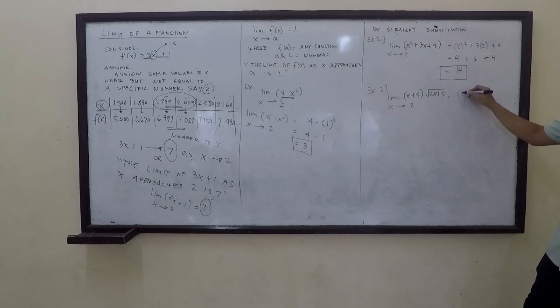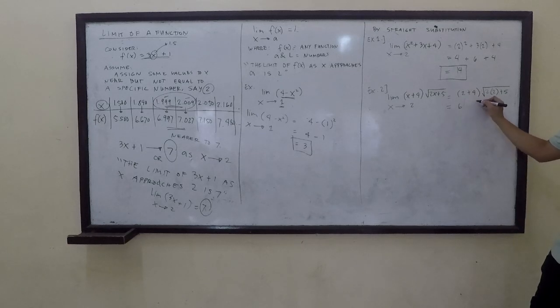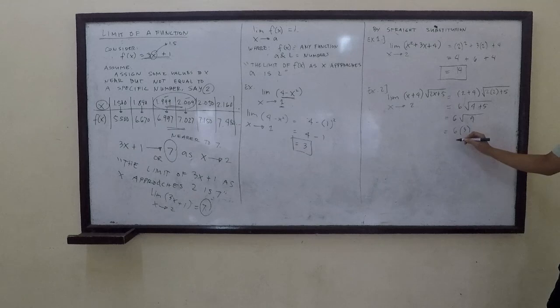So this is 2 plus 4, then times the square root of 2 times 2 plus 5. So this is 6 times the square root of 4 plus 5. 4 plus 5 is 9, then the square root of 9 is just 3. So this is 6 times 3, which is equal to 18.